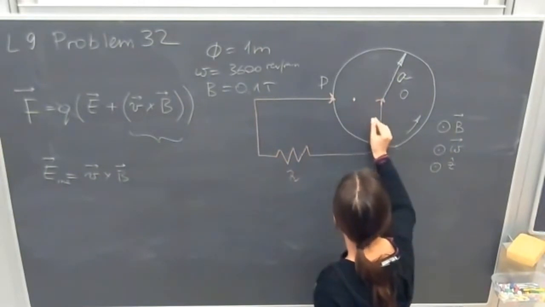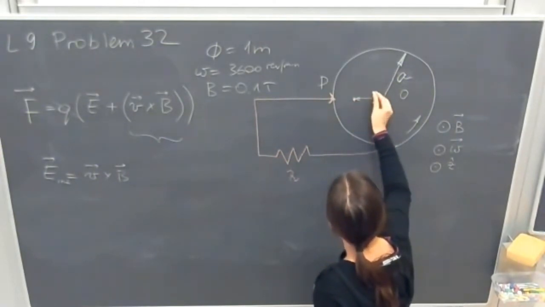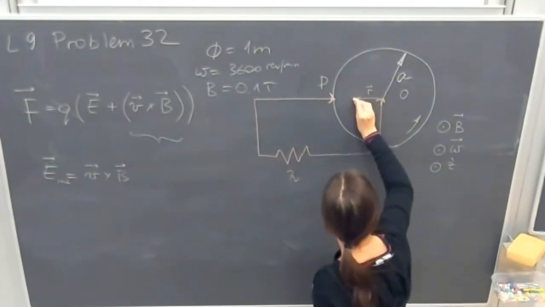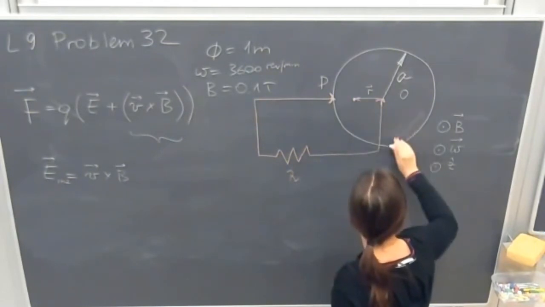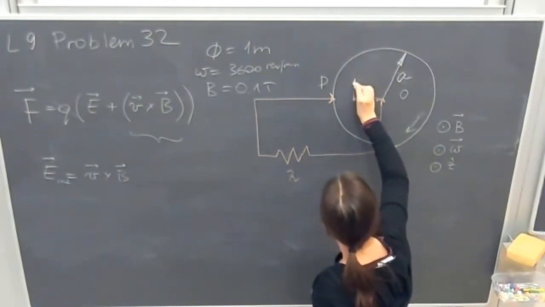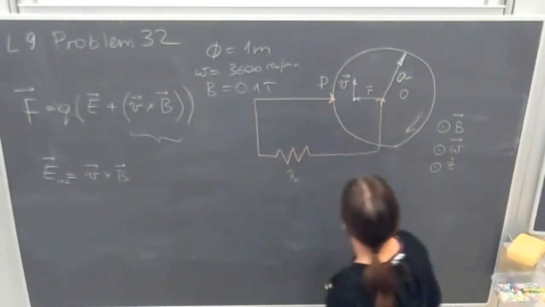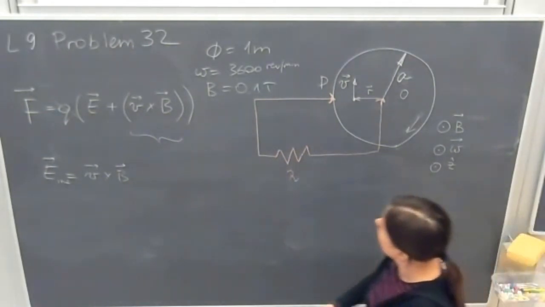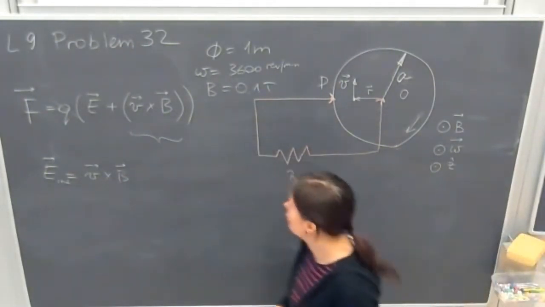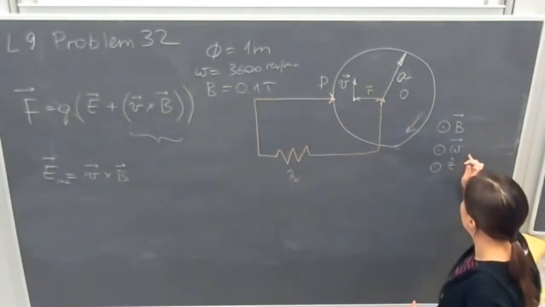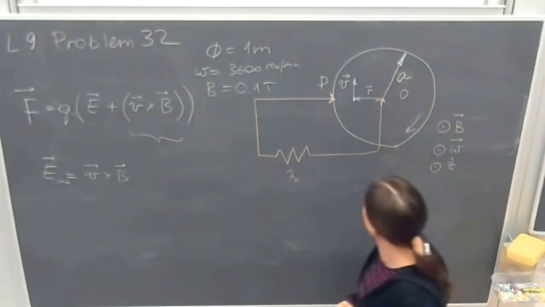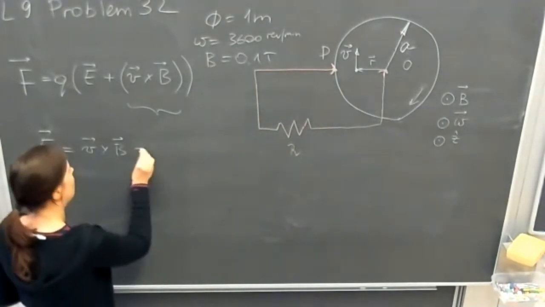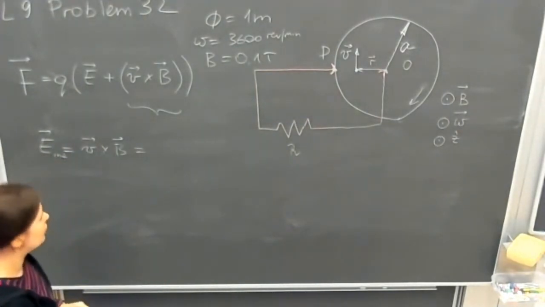If we take some radius till this point, V will be directed this way, so that it's perpendicular to both the magnetic field and the induced electric field, and it can be found from omega. And we see that omega is also perpendicular to the velocity v.